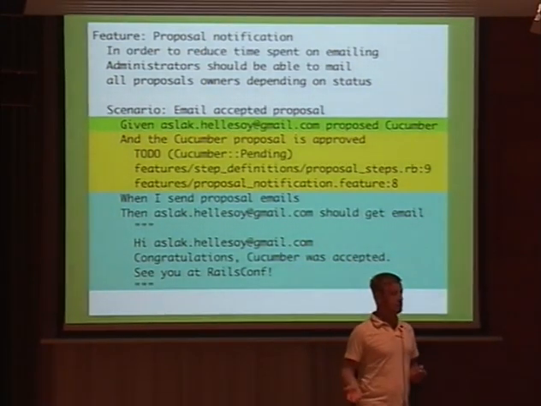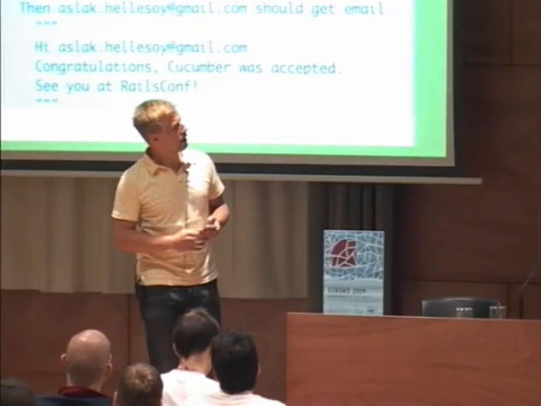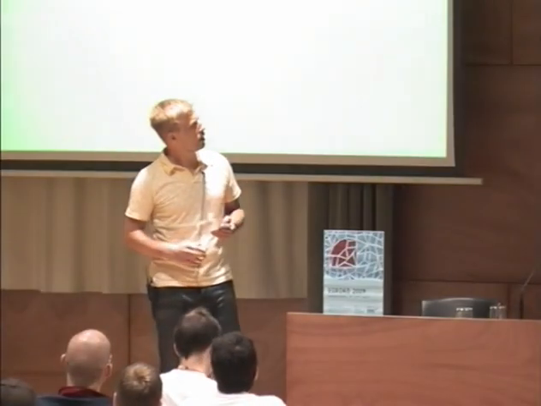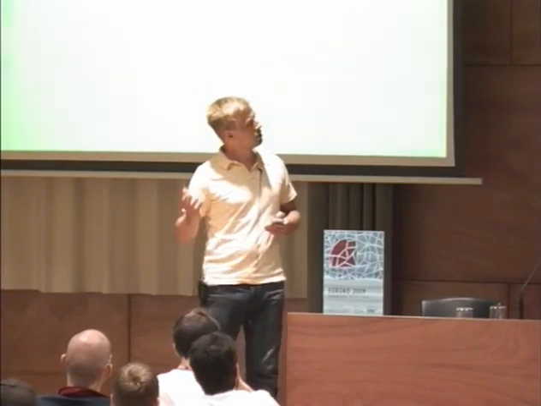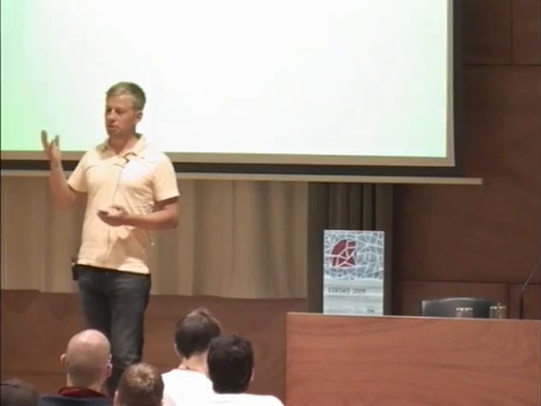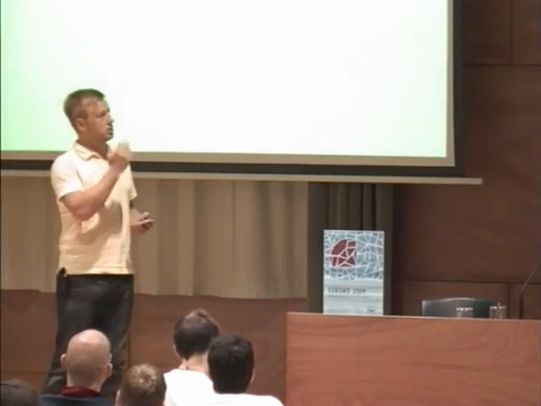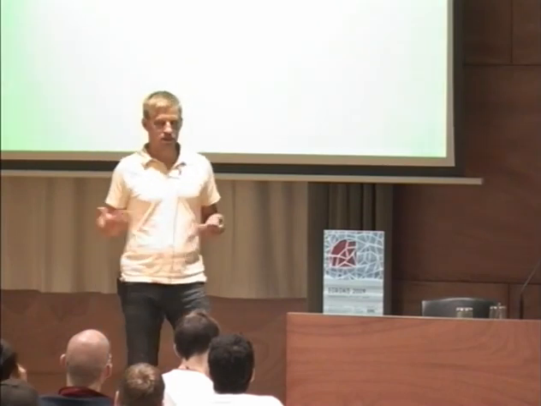But now the next one is yellow. So we do the same thing. What is it saying here? Pending. Okay. The Cucumber proposal is approved. And now we have to start to think, well, how can we do this in code? This could probably be done in a different way, but that's how I've chosen to do it.